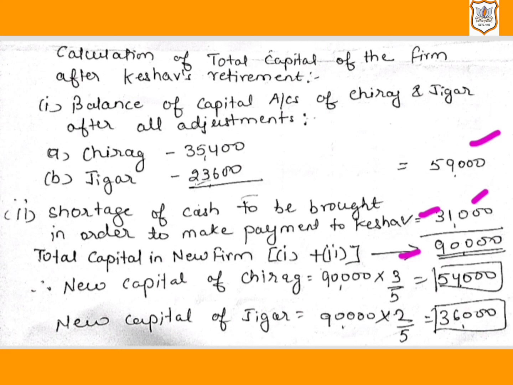And here new profit and loss sharing ratio is 3:2. So according to that, here new capital of Chirag would be 54,000 and new capital of Jigar would be 36,000.